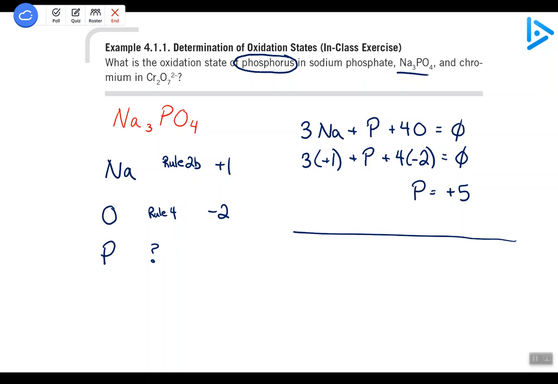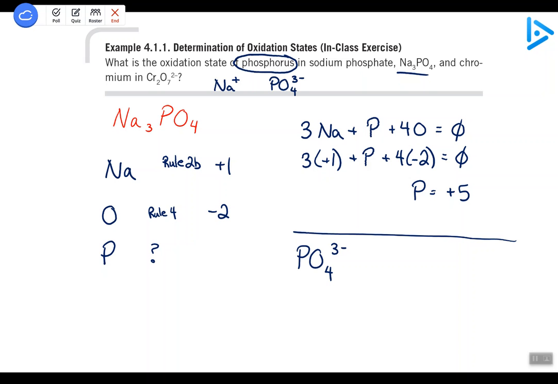Now, there's one other way to analyze the oxidation number of phosphorus, and this is where we'll do our polyatomic ion example. Sodium phosphate, when it dissolves in water, will produce sodium cations and the phosphate polyatomic anion. And the charge on this polyatomic anion is -3.